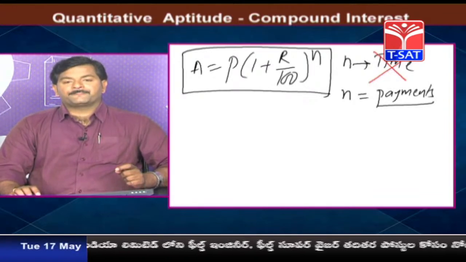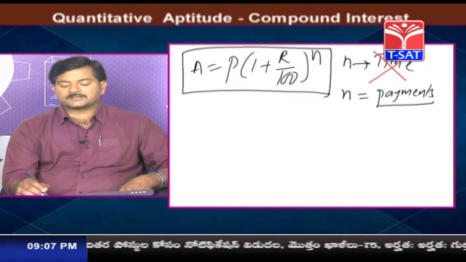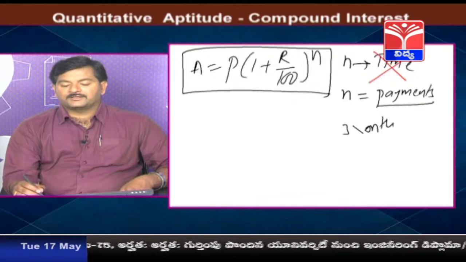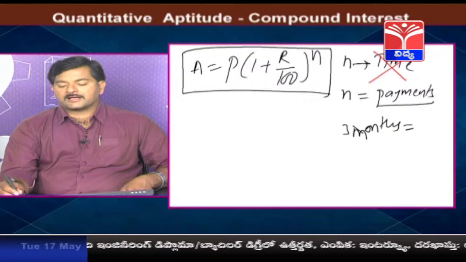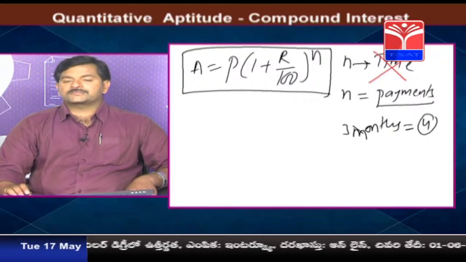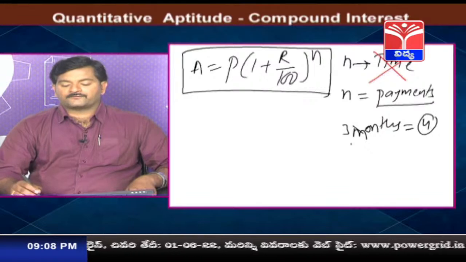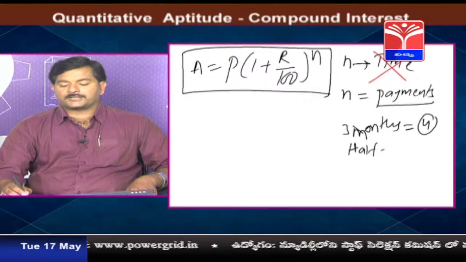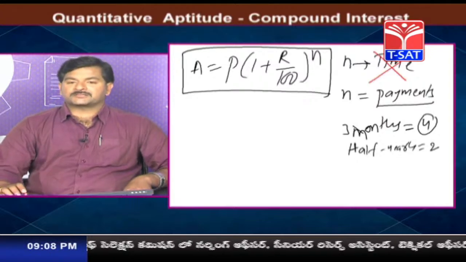For example, if interest is compounded quarterly in a year, I have to pay the interest 4 times. If interest is compounded half yearly, then rate of interest must be for 2 years. Like that.